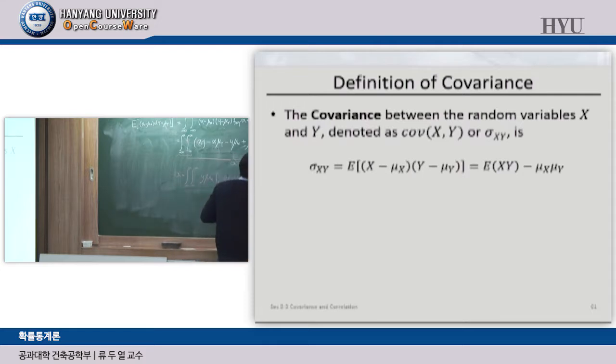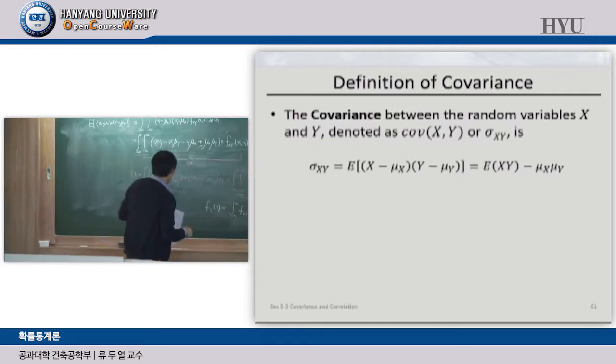So this can be written as the integration from minus infinity to infinity of y times the marginal probability density function of y dy. And what is this? That is equal to mu y. Okay?